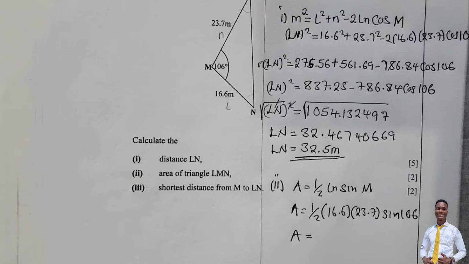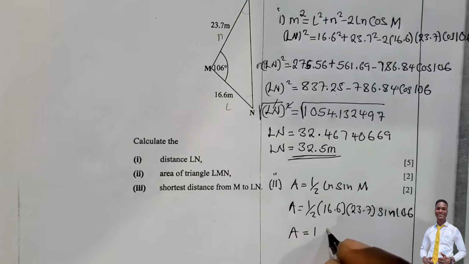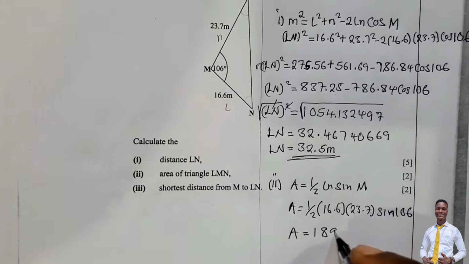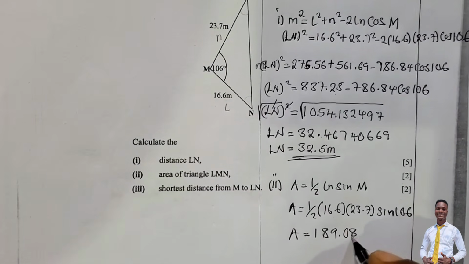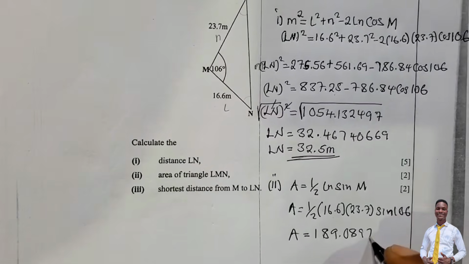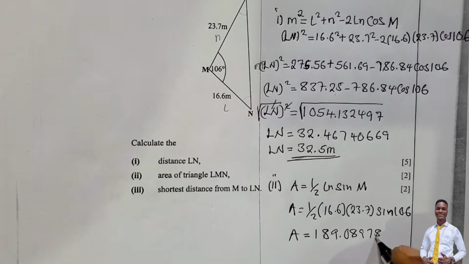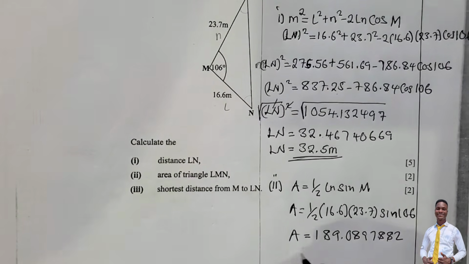So half multiplied by 16.6 multiplied by 23.7 sine 106. This is giving me 189.0897882.